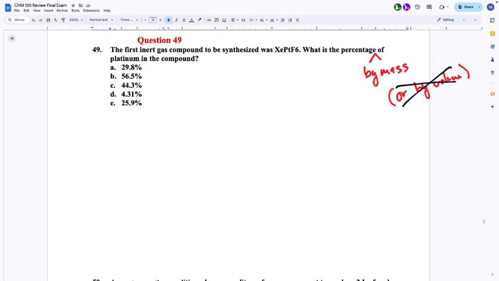So what we could go through and do is say, well, if I want the percent by mass, I'm talking about the mass of platinum, Pt, divided by the mass of the total sample, the mass of the xenon platinum hexafluoride. Okay, so what is the mass of platinum?